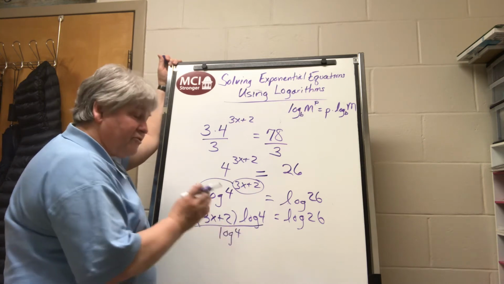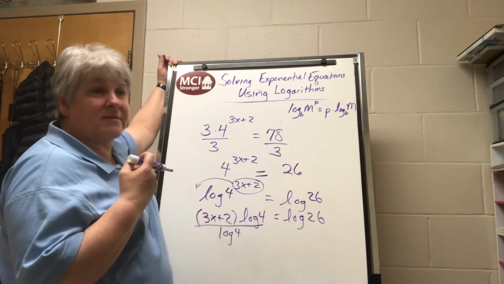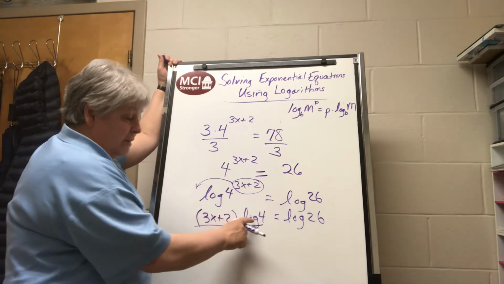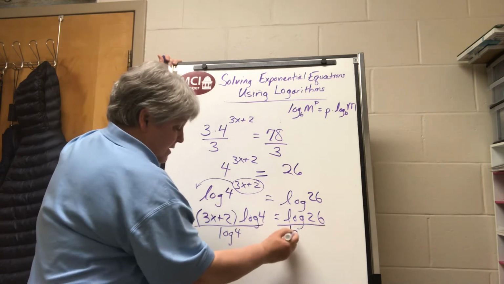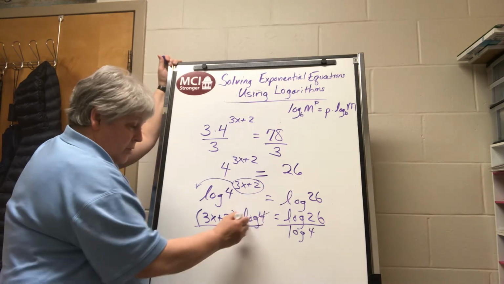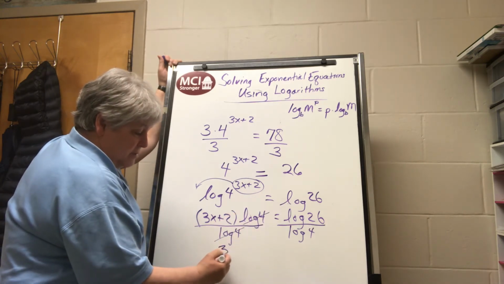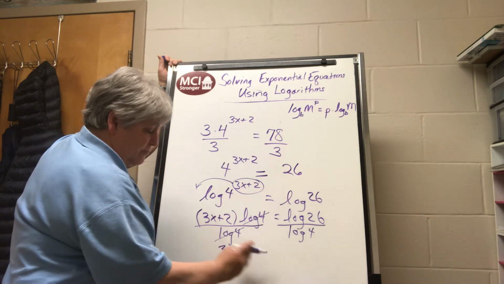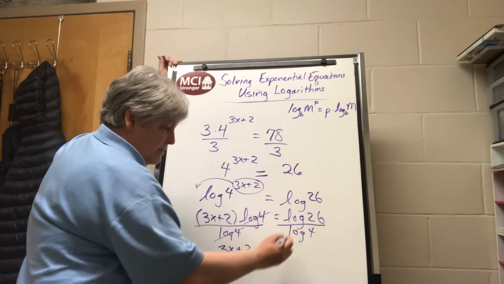Remember, log 4 is just a number unknown to us, but it's that power that we raised 10 to land right on 4, ugly as it is. So the calculator knows what that number is, but now this is gone, and I've got 3x plus 2. 3x plus 2 is equal to this mess.